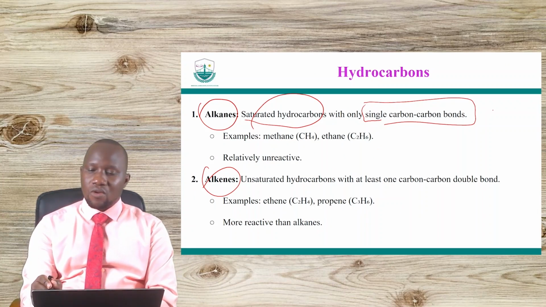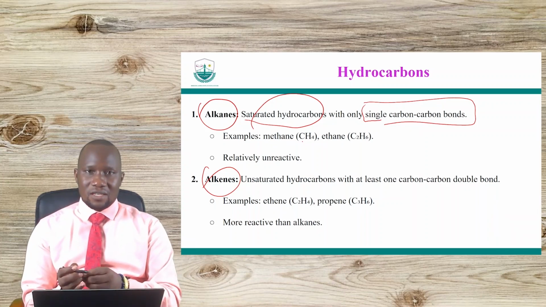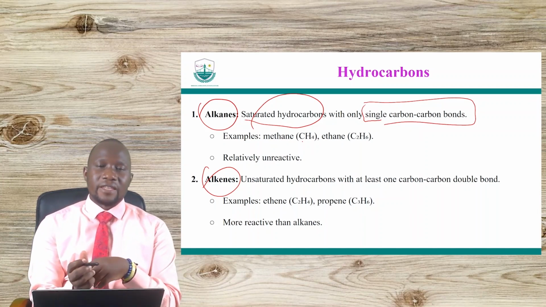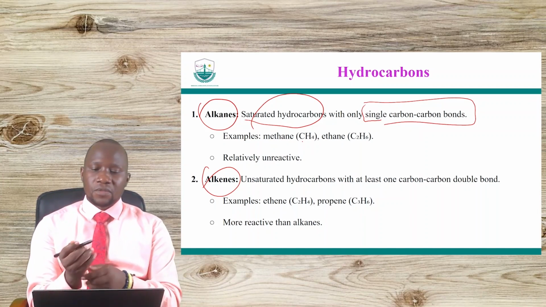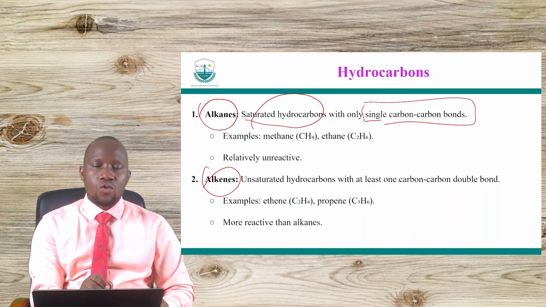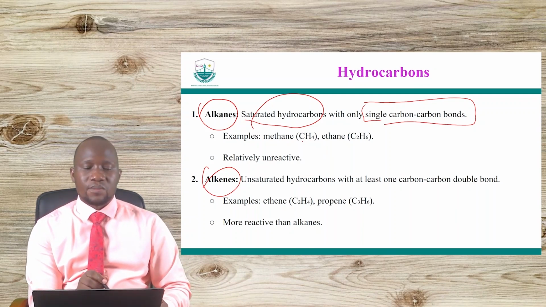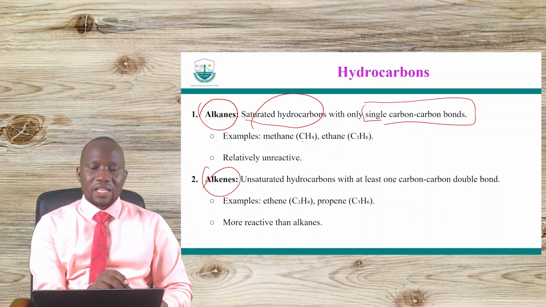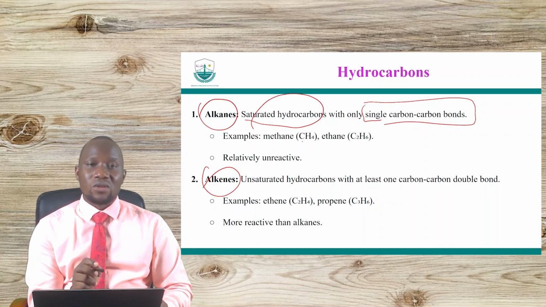For example, methane, the first member of the alkanes, has one carbon and four hydrogen atoms. What we are saying with alkanes is that there are no double bonds.